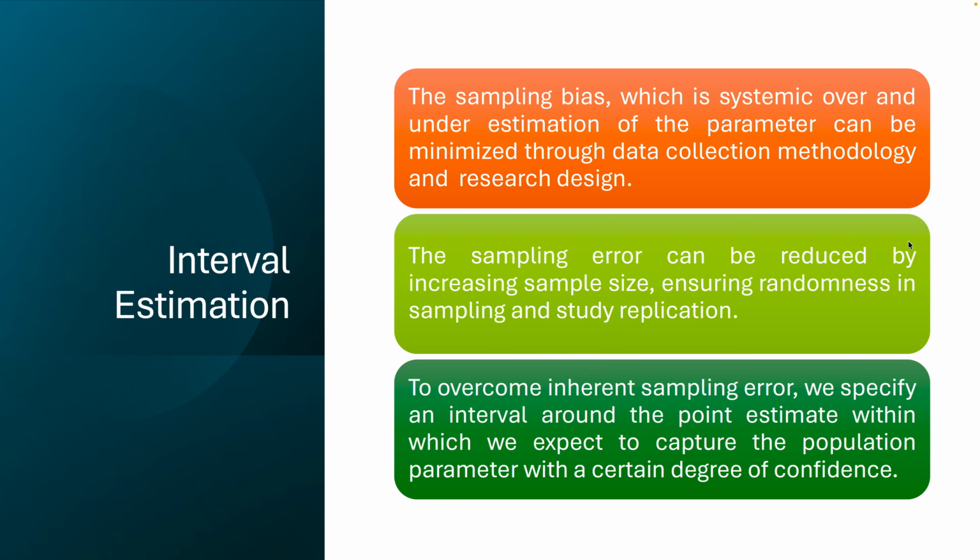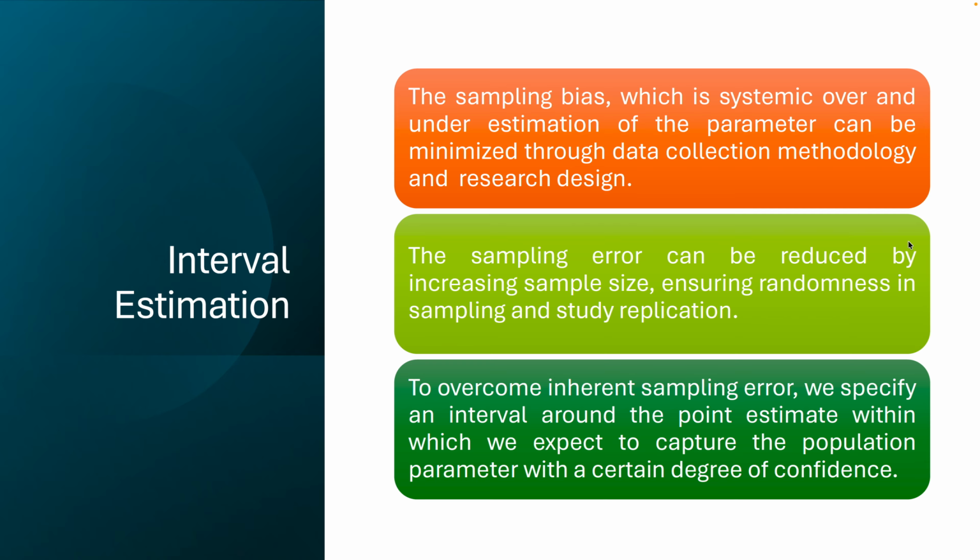This interval around the point estimate is called the confidence interval, and the degree of confidence associated with this estimate is called the confidence level. We will get into the formal definition of confidence interval and confidence level.